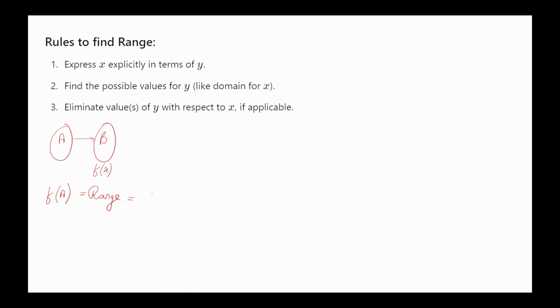Also this can be represented as the set of all mapped outputs for elements of A. This is how I can say this is my range. So what are the ways of finding out range?